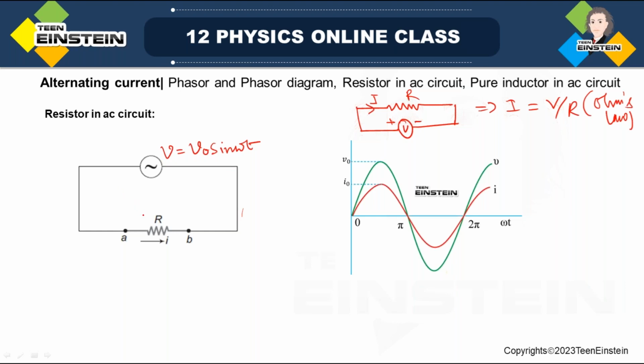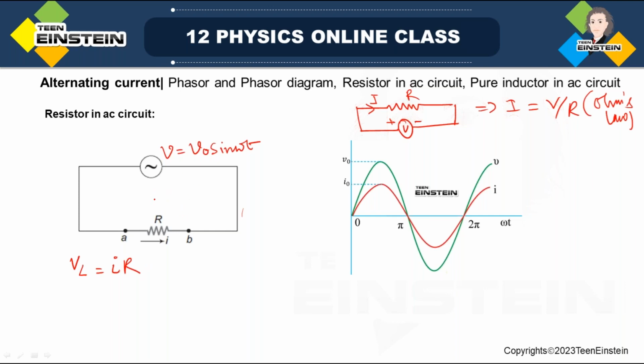In this case, since only a resistor is connected in series with the source, there will be a potential difference across this R. Suppose the current passing through it is I, so VL will be IR.